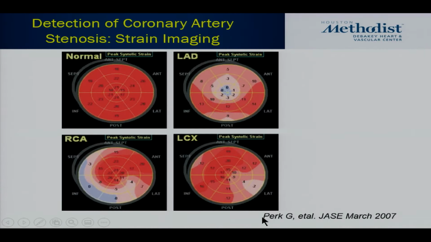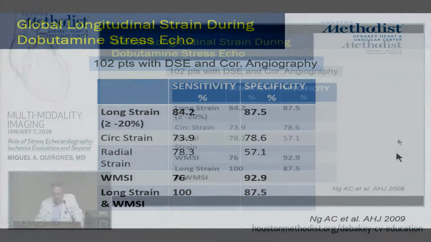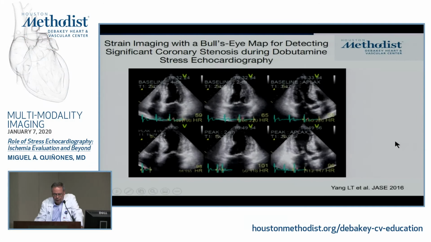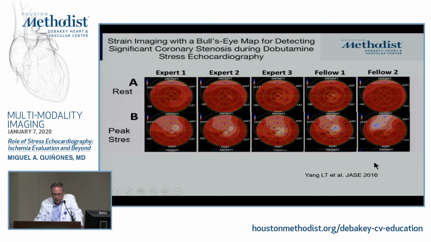So you go, my goodness, if it's that good, we should be able to go from normal at rest to a stress and say, oh, wow, there's an LAD or there's an RCA or there's a circ. So initial studies suggested that, yeah, there was good response, good accuracy. So that was encouraging. And then this study came up, which is one of the most recent ones, where they compare the eye with stress, and they look at experts and trainees.